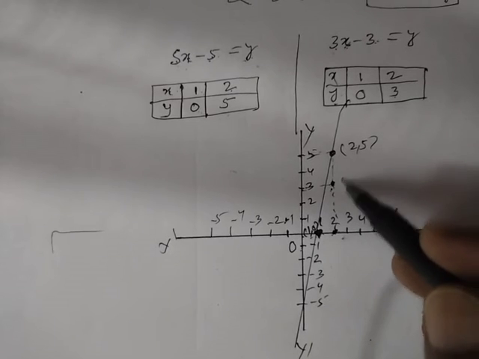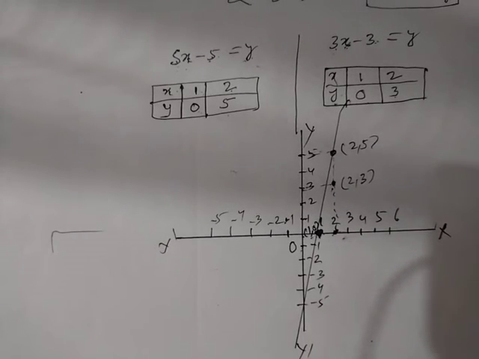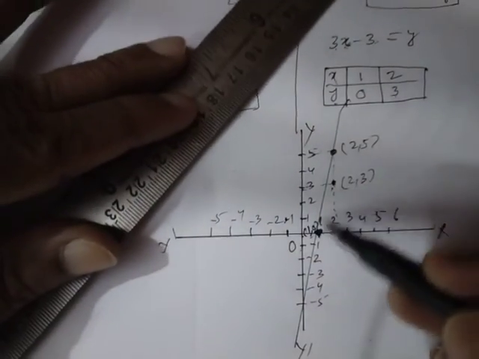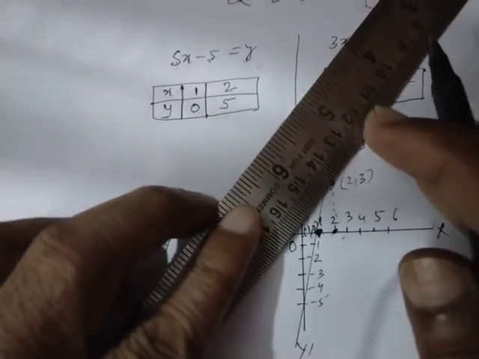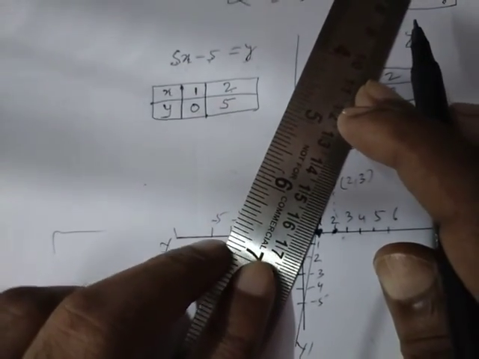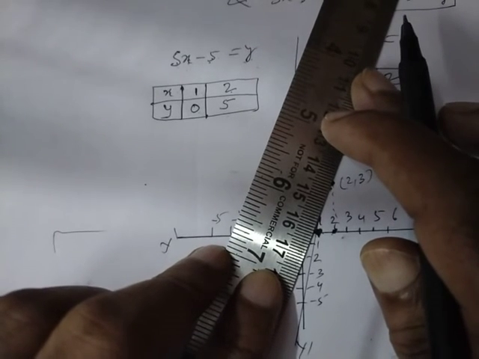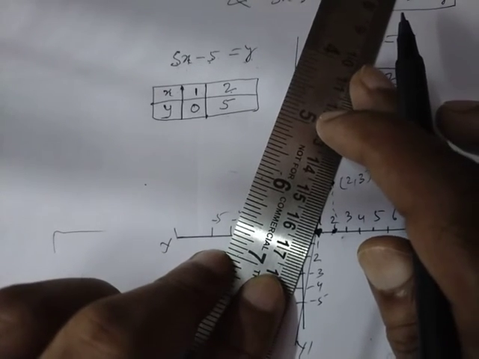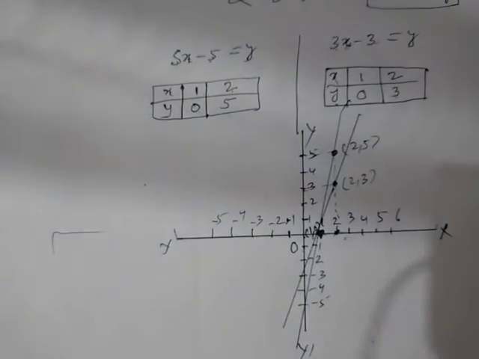This point is (2, 3), you mark it here, and this and this you have to join. Okay student, you join here.